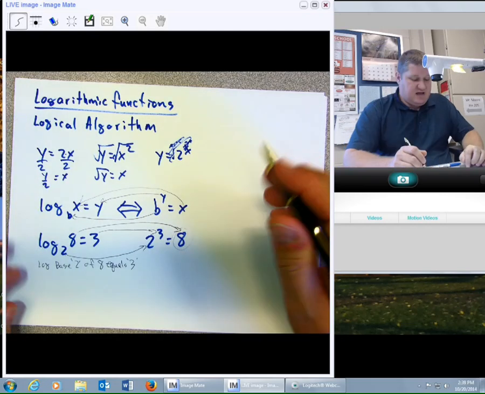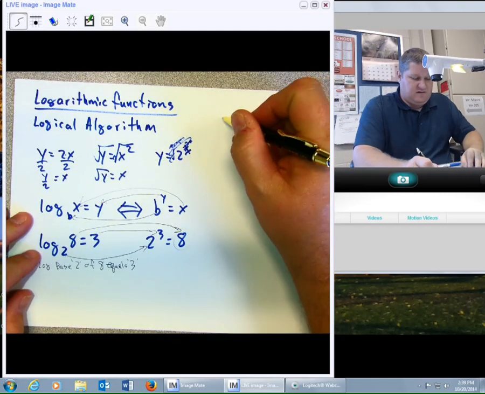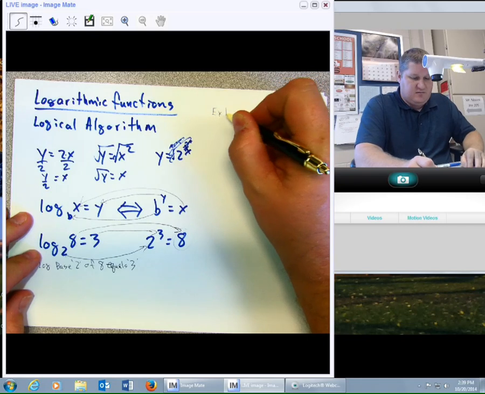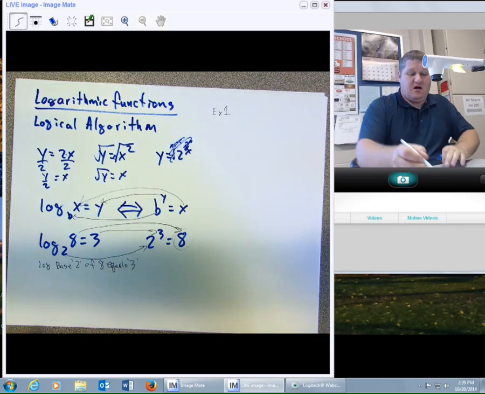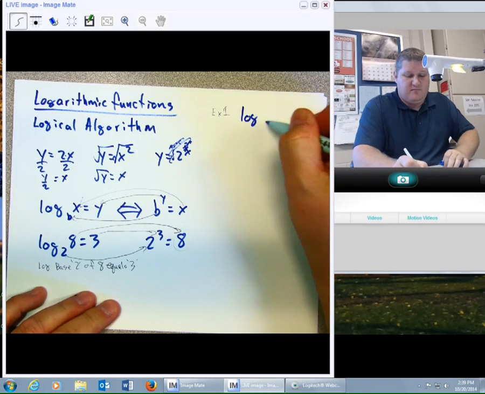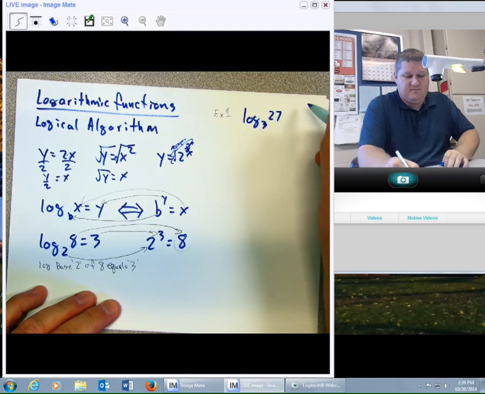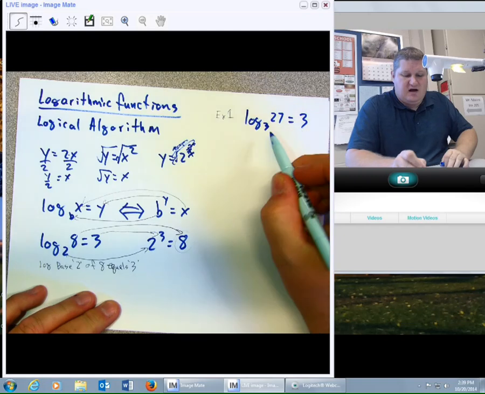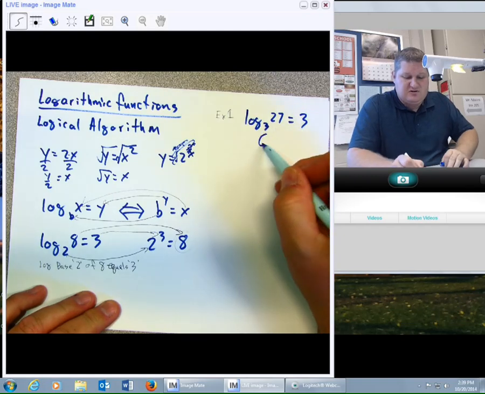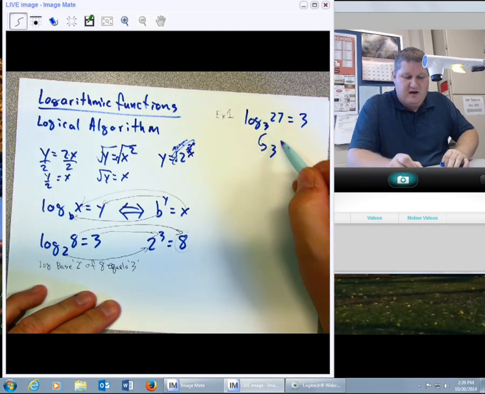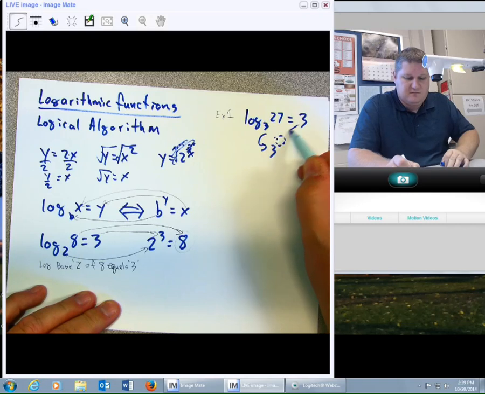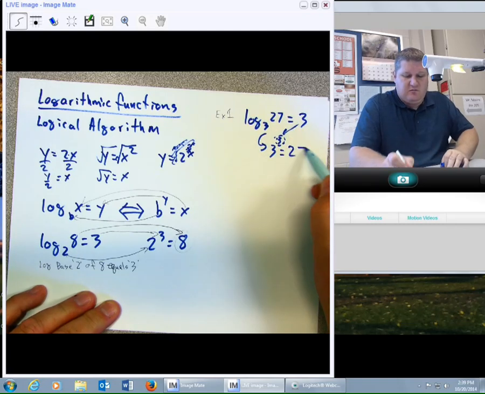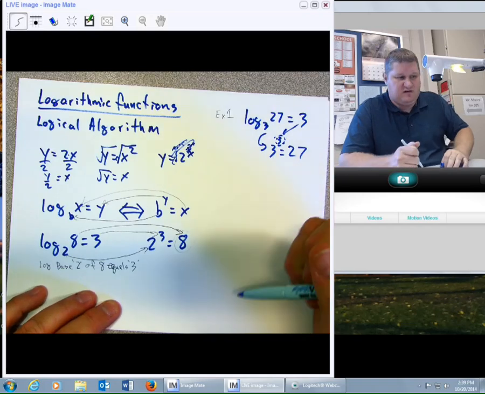If I wanted to work a little harder at this, I have example number 1. All right, so if I have log base 3 of 27, the answer is 3. Okay, so I know this because if I were to switch it around, 3 raised to the third is 27. That's very much true.